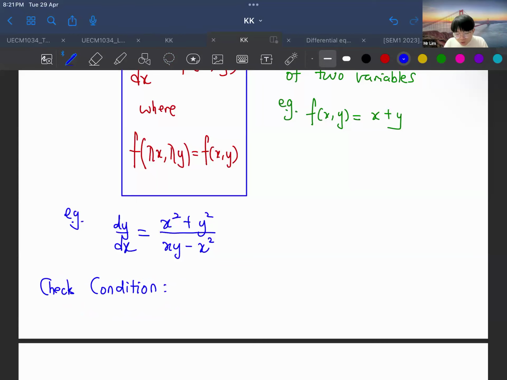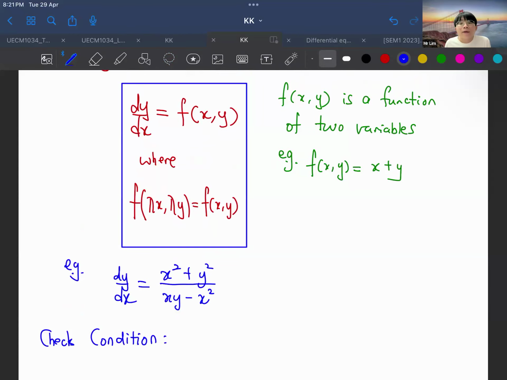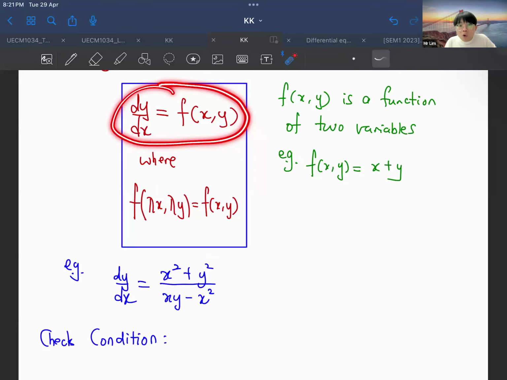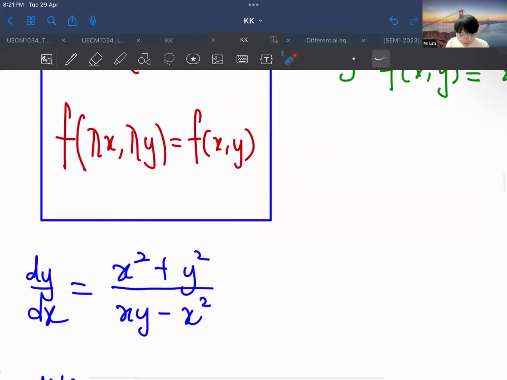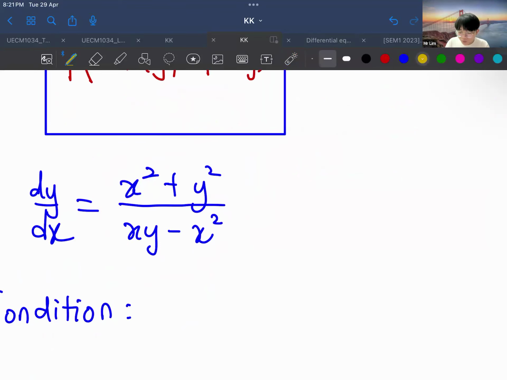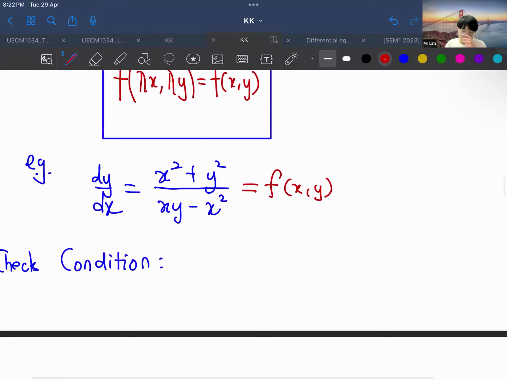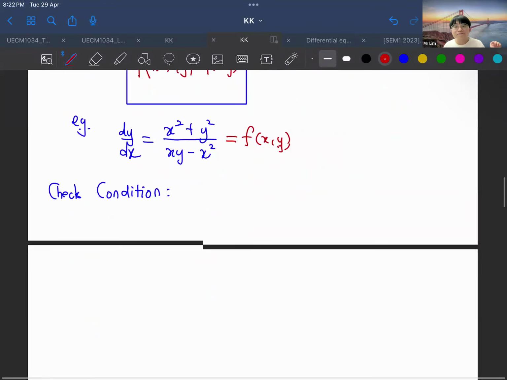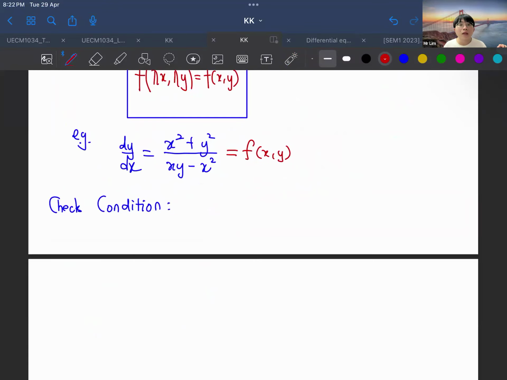Now, what is your f(x,y)? Compared to this format, dy/dx equal to the right-hand side, the right-hand side is your f(x,y), which means that everything here will be your f(x,y). Now we're going to see magic.